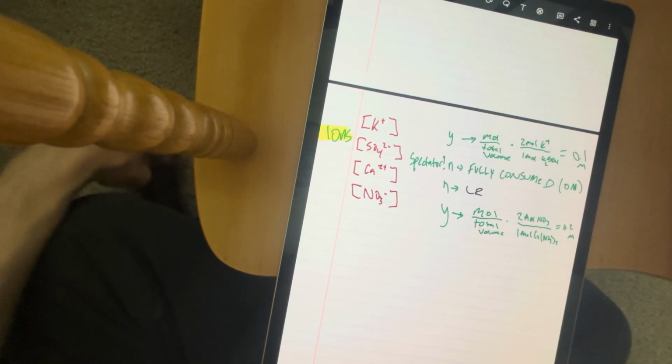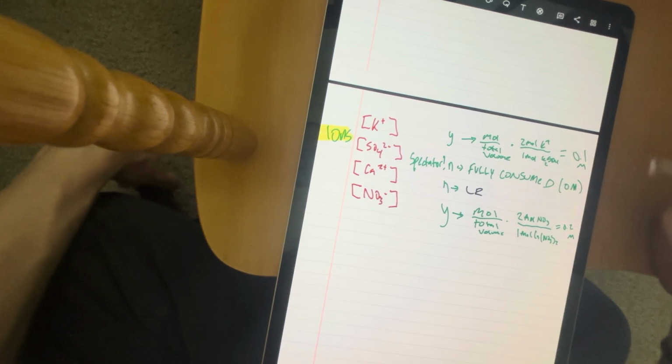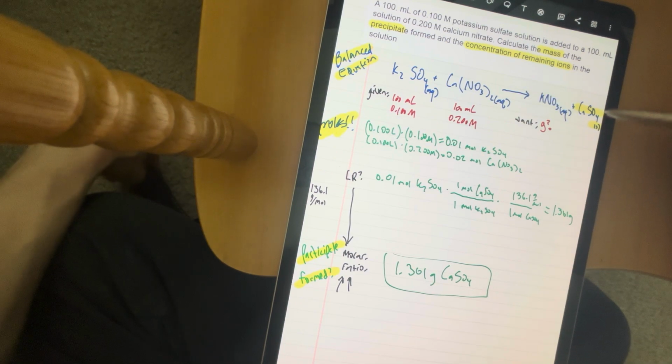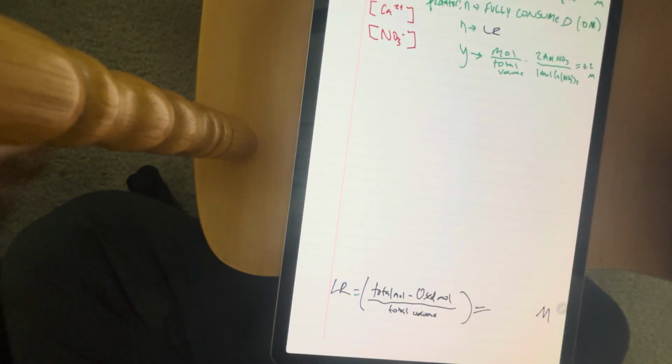And so, here comes the hard part a little bit. This is the limiting reagent. We know this because it's affected by the limiting reagent. It's Ca right here. So how do we calculate that? That's the question of the day.